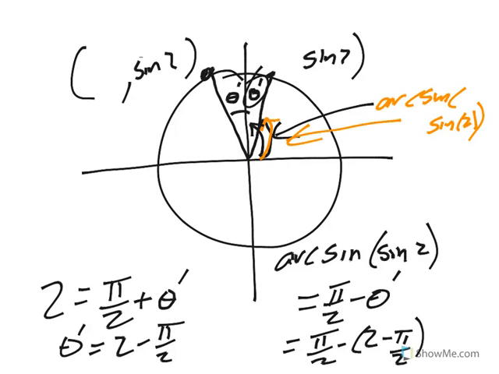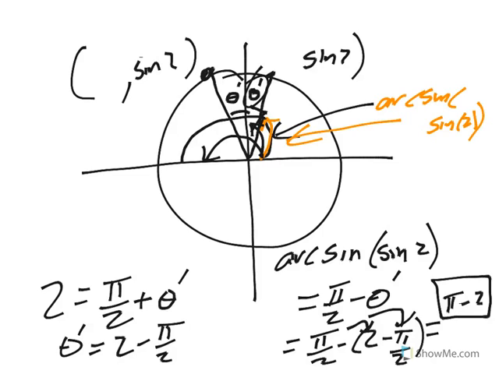And what do we get? We get minus 2, minus is plus π/2. We get π minus 2, which kind of makes sense. That is π minus 2. Another way to have thought of that would have been directly. But there's my answer.